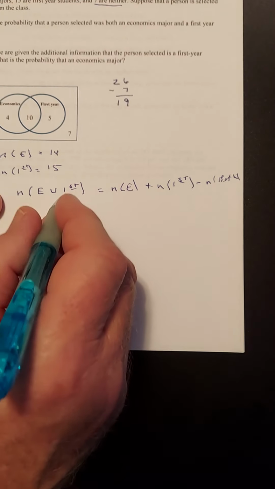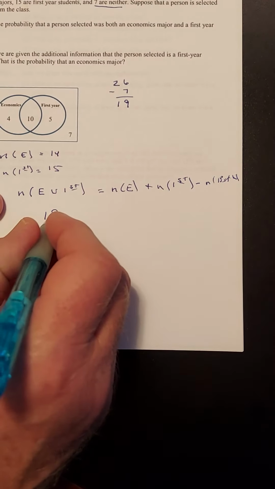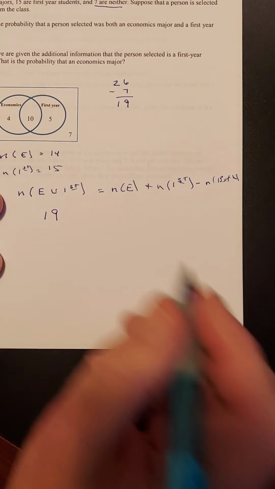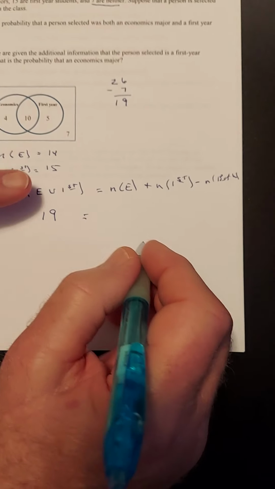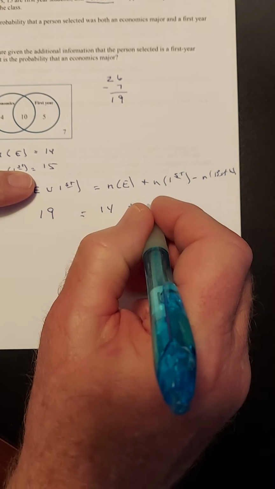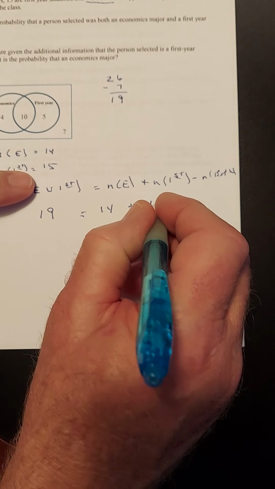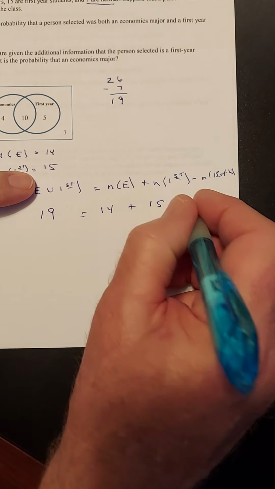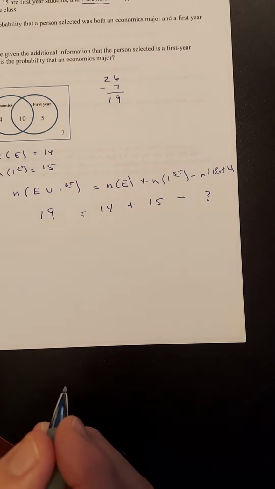So this number here is this, that's the 19. That's everything inside the circles. The number in E was 14, and the number of first-year students was 15. Minus, I'm just going to put a question mark.